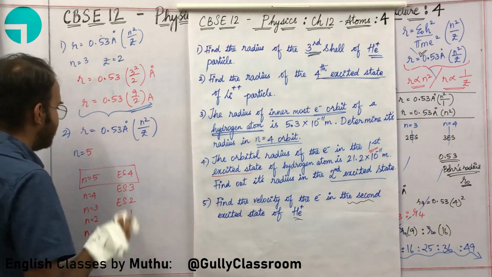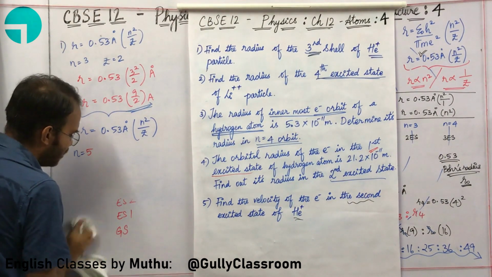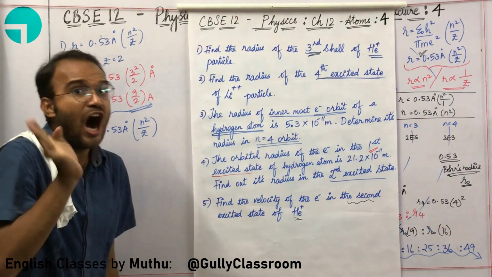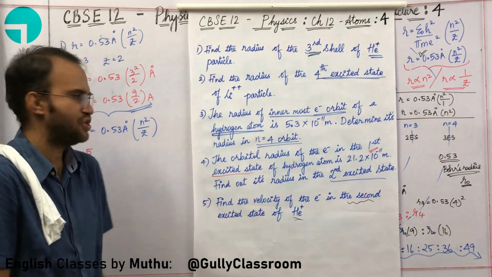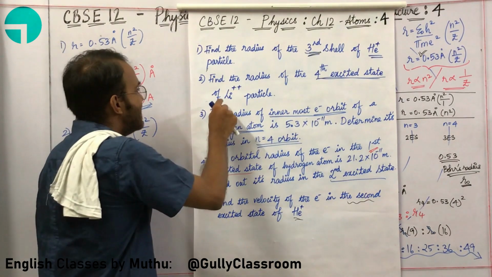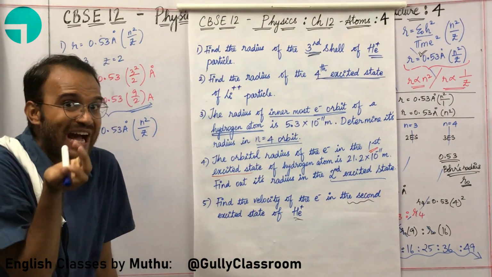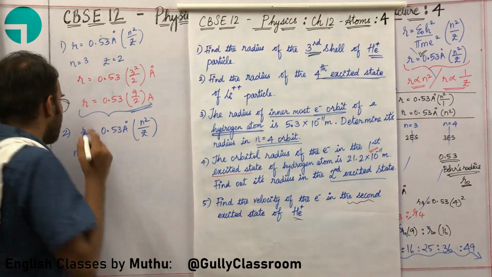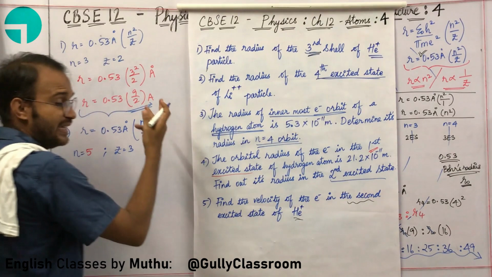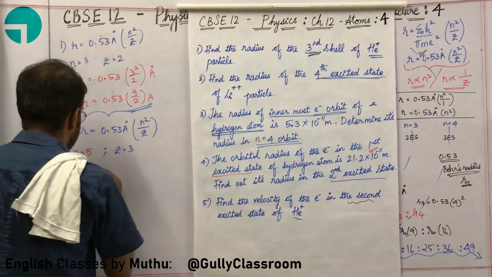Then they are asking to find for the Li plus particle. Once more, it is a single electron species or hydrogen-like species. Such a kind of species where there is only one electron can be named as a single electron species or hydrogen-like species. I am going to write here Z equal to 3 because it's lithium. For lithium, atomic number Z is 3. Let us substitute.